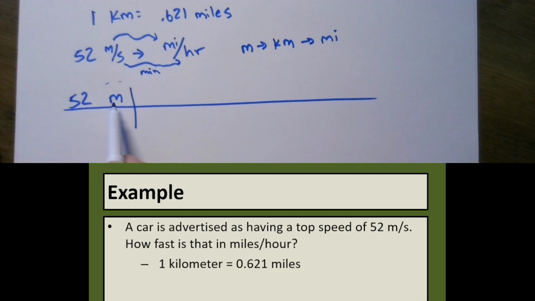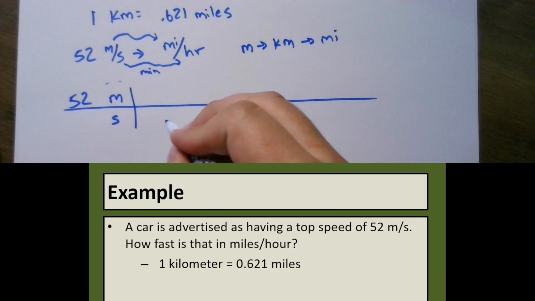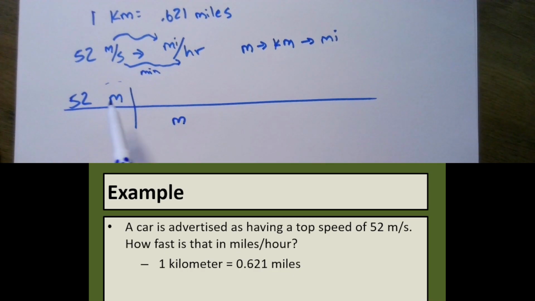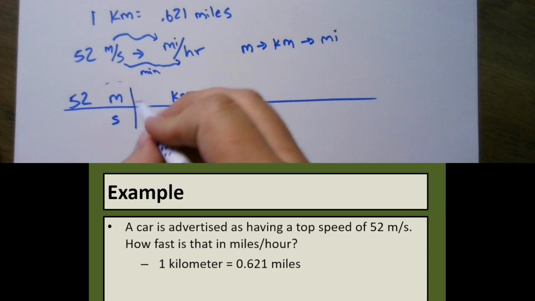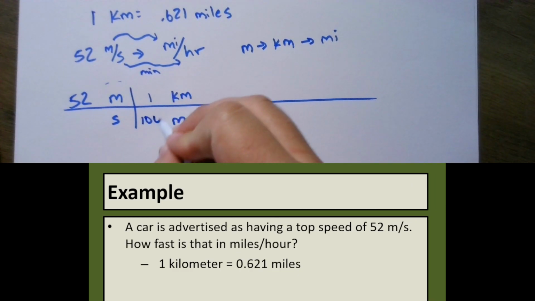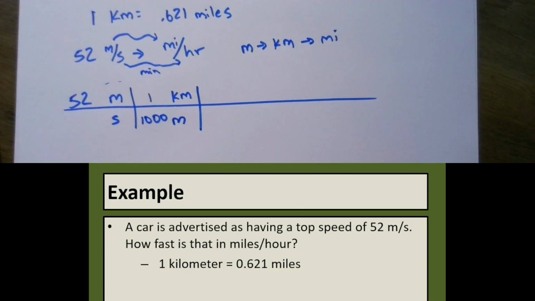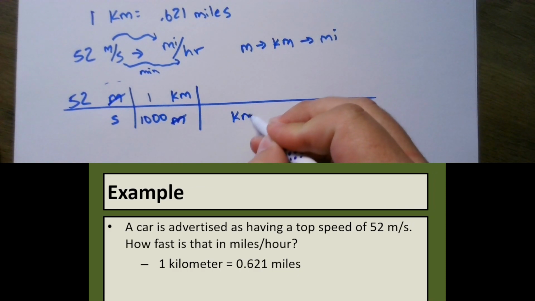So I'm going to start with the meters. Let's try to turn this into miles. Meters goes on bottom to cancel the meters that's on top. Let's put it into kilometers. 1 kilometer is 1,000 meters. Meters cancel. Kilometers is not my final unit, so I'm going to put kilometers on the bottom to cancel.